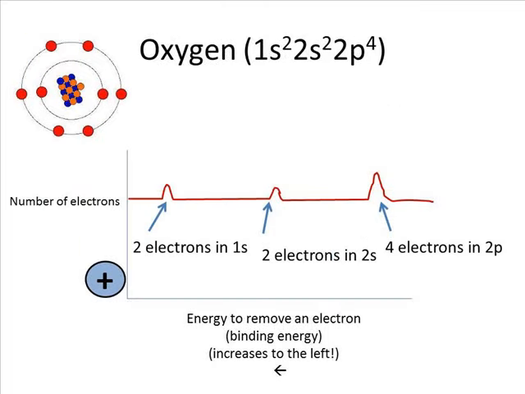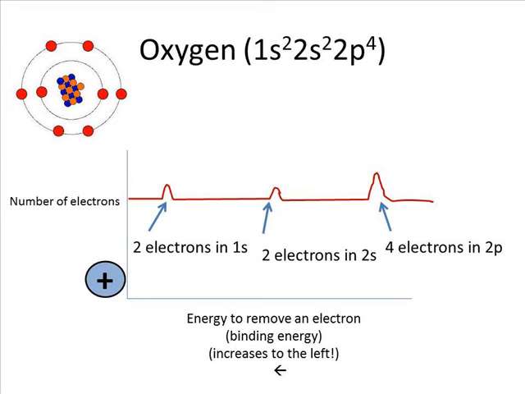So again, for oxygen, you should certainly be able to take a PES and come up with an electron configuration and discuss it based on the energy of those electrons. Remember, the binding energy is greater to the left. So obviously your 1s electrons are held tighter, and your 4 electrons in the 2p are held more loosely.